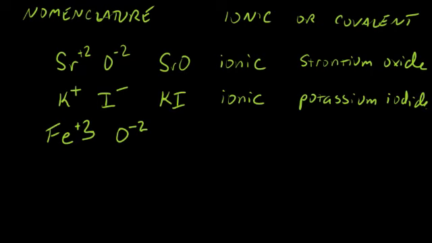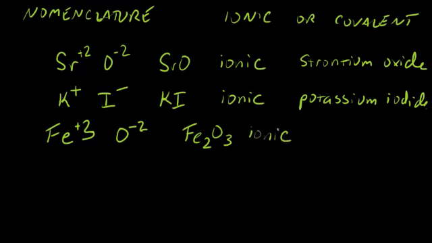We swap, we use that crisscross method, and we get a formula of Fe2O3. Okay. We look at these electronegativities, we'll see that this is definitely going to be an ionic compound. Electronegativity of iron somewhere around 1.6, oxygen 3.5, definitely going to be an ionic compound.